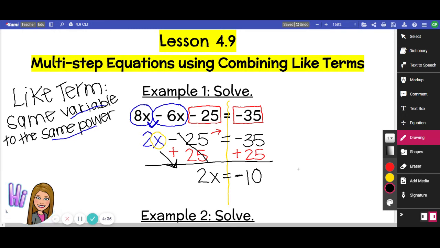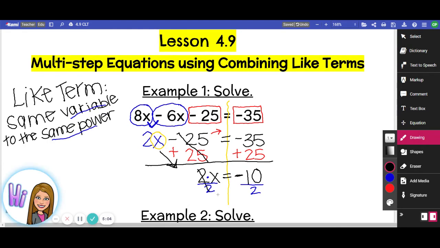Now I'm down to a one-step equation, and all I have is x is being multiplied. That's the invisible operation. It's being multiplied by 2. So to move that to the other side, we would need to do the inverse operation, which the opposite of multiply is to divide. So I'm going to divide by 2. But if I divide by 2 on this side, because I need to keep it balanced, I need to divide by 2 on this side also.